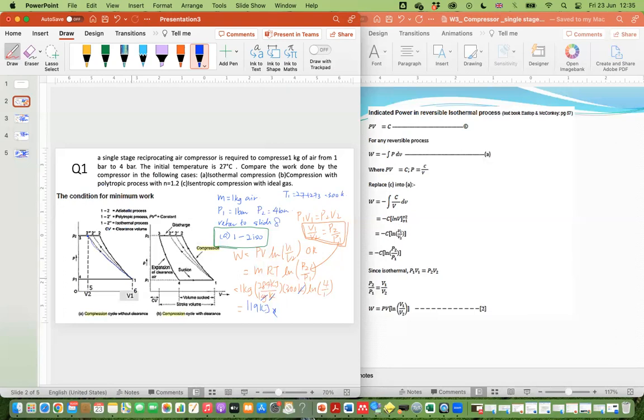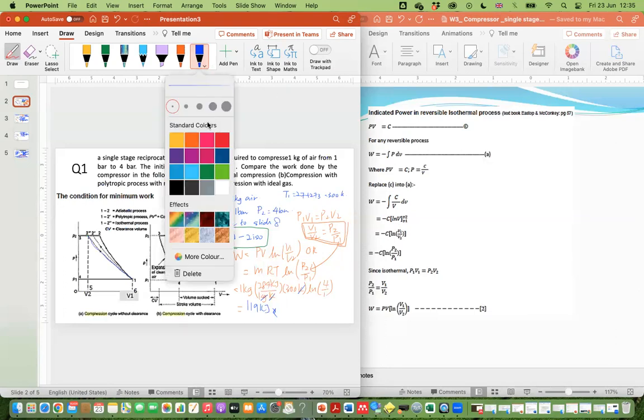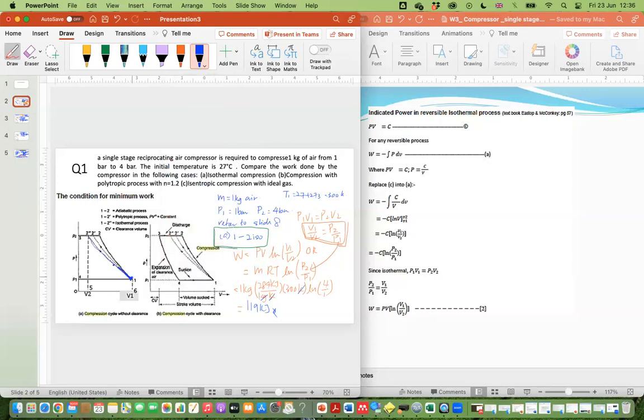Can you see that? Is that too faint? Let me put a darker color. From 1 to 2 double dash, and then 3, 4, 1. So basically, this is the work of the part.